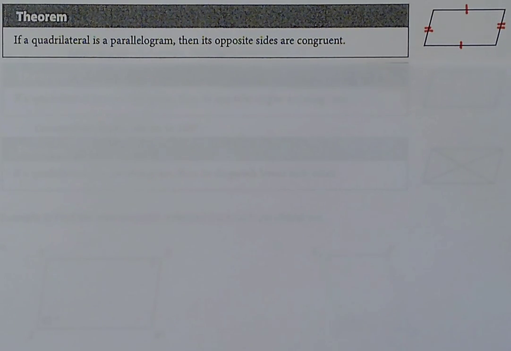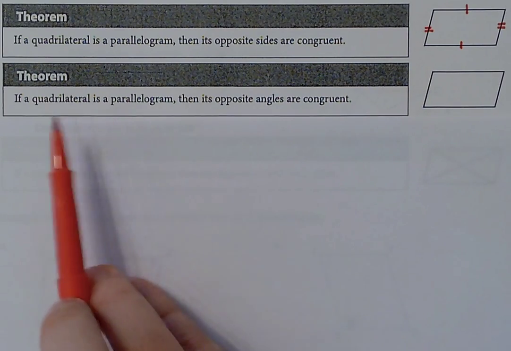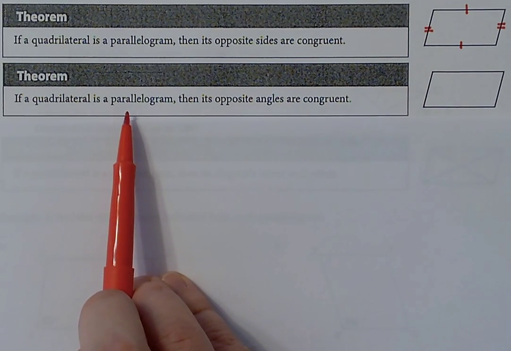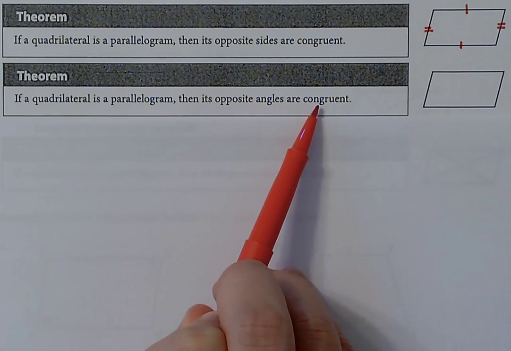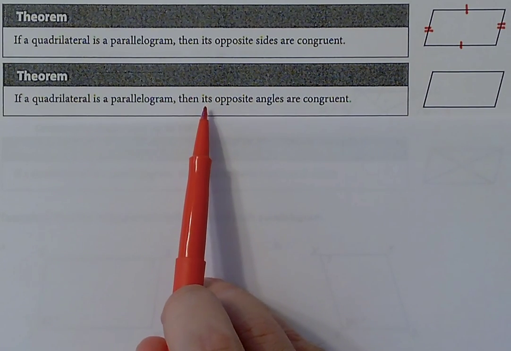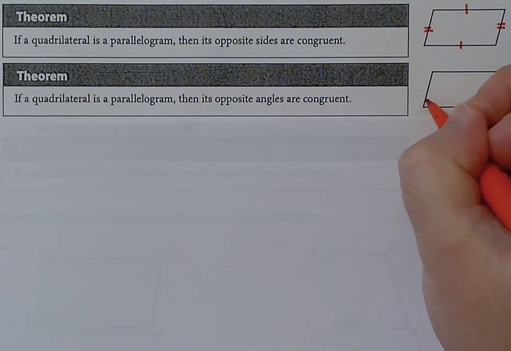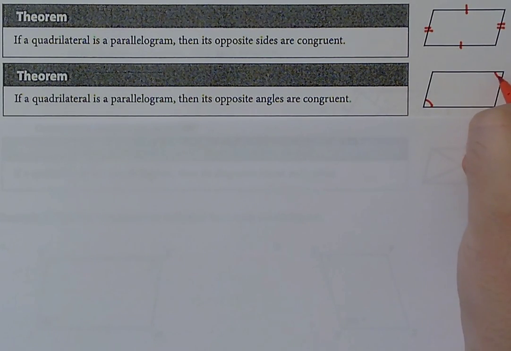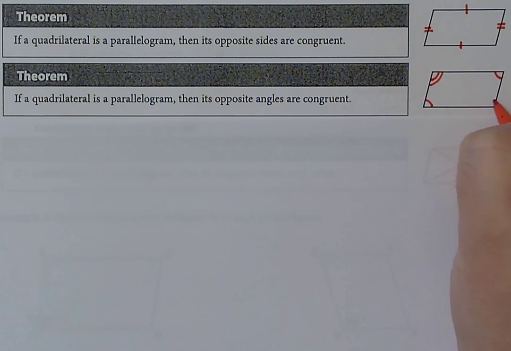Alright, next one states that if a quadrilateral is a parallelogram, then its opposite angles are congruent. So just like opposite sides are congruent, for a parallelogram, opposite angles are also congruent, meaning this angle is congruent to this angle, and this angle is congruent to this one.